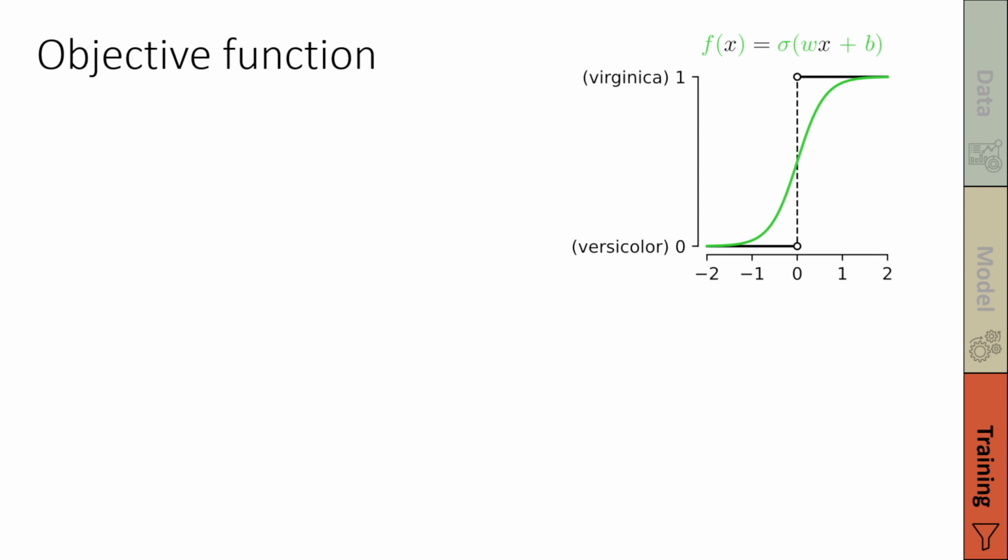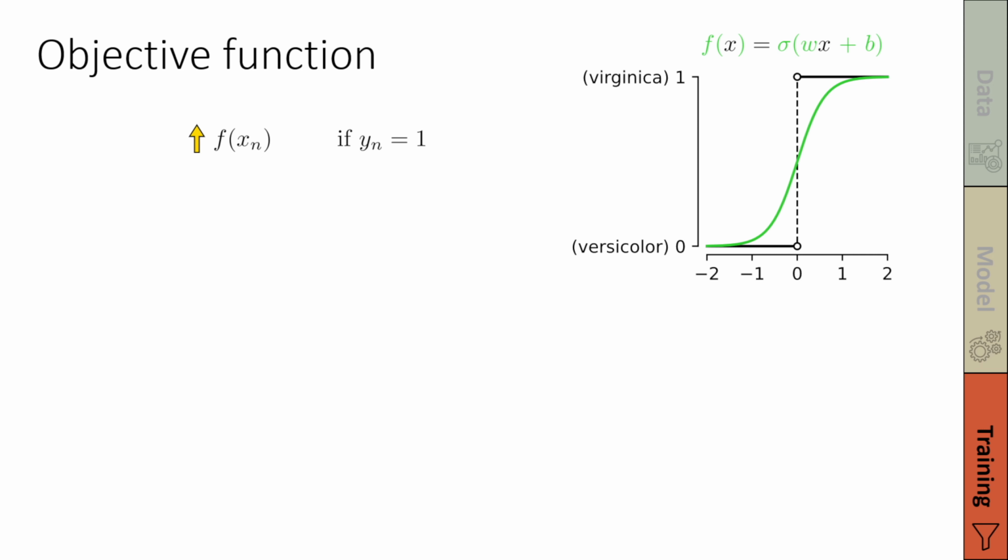All right, now let's come up with an appropriate objective function to finally train our model. So what do we want the model to do? What we want is that when the target value is 1, we want the function output to be as high as possible. In other words, we want to maximize the function value.